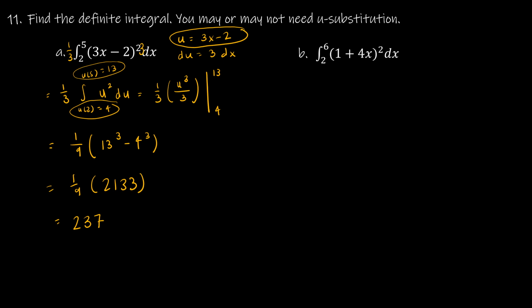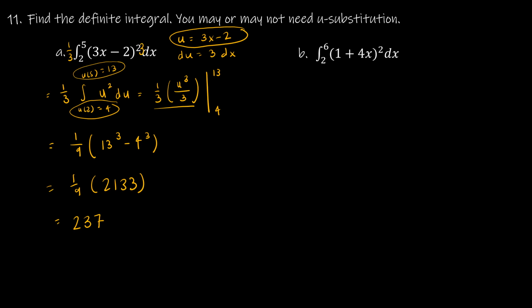If you skip this step and rewrite it as 1/3 integral of 3x minus 2 squared dx, then it still fits the pattern, and you can go straight to this, but with the u expression subbed back in. I don't do it that way, so that's up to you. Just make sure you're not being ugly about it, or I'll catch you with it.